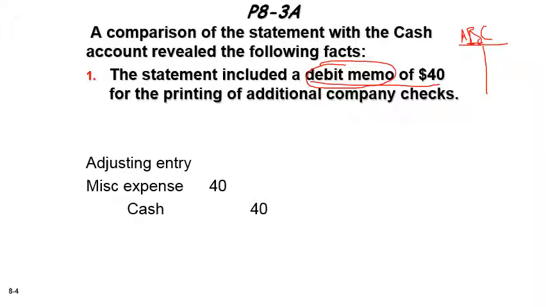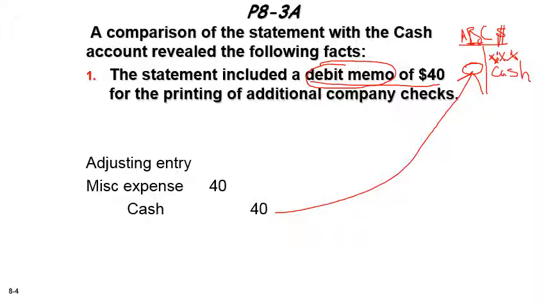So if the bank has ABC company's money on its books, to the bank, this is a liability. So if the bank is recording a debit memo, what they're doing is reducing the amount of money they owe to you. So a debit memo from the bank means that they are reducing the value of the cash that you have.